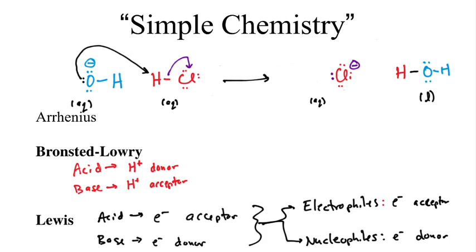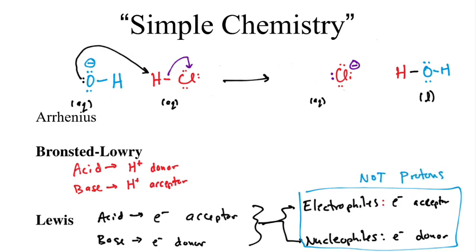So what's the difference? If I'm looking at transferring electrons back and forth between molecules, the electrons that are being transferred back and forth cannot be applied to protons. Cannot be applied to H+.